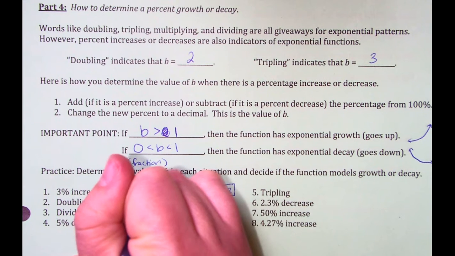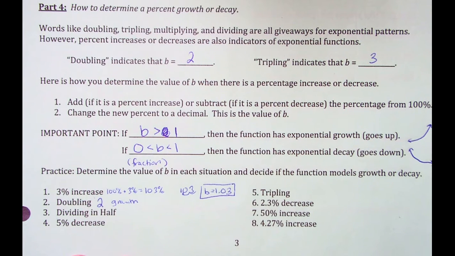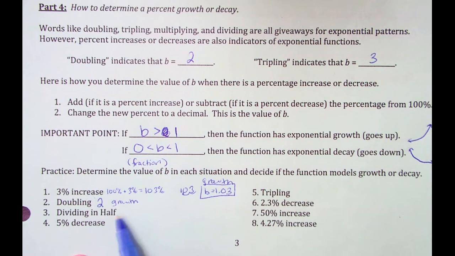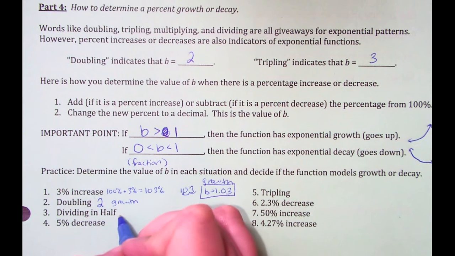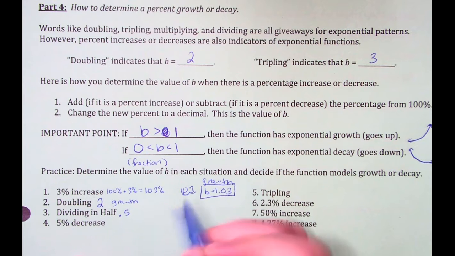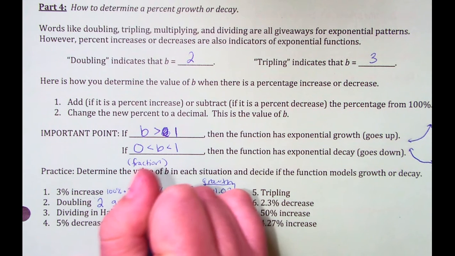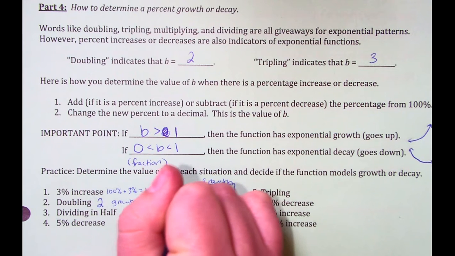So this is also growth. Dividing in half. If you're dividing something in half each time, that means you're multiplying it by 0.5. And 0.5 is a number that's in between 0 and 1, so that's going to be decay.